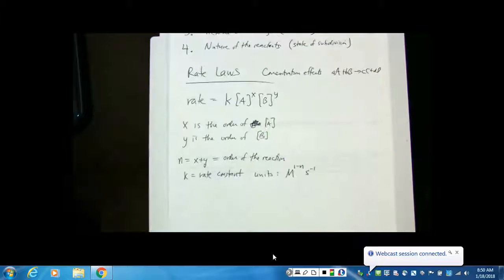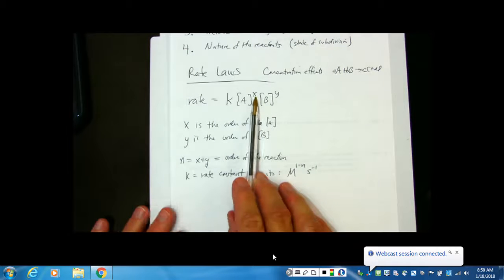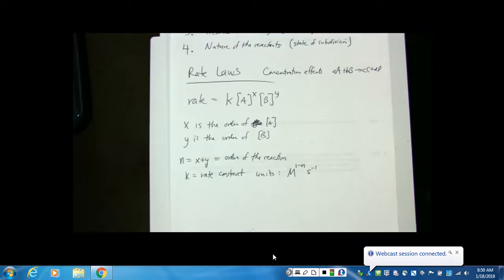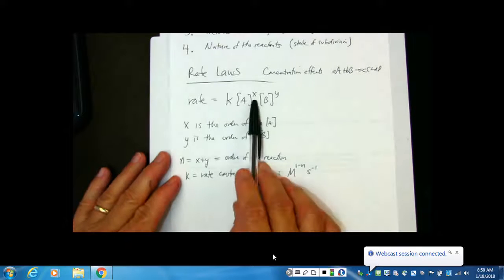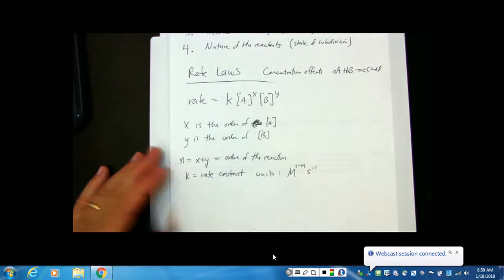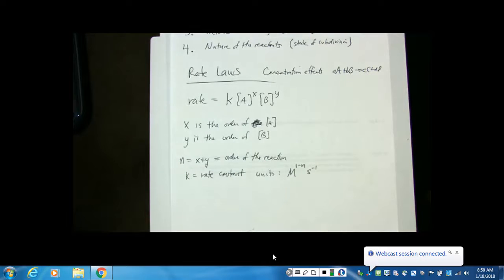All right, the usefulness of a rate law is that if you know what the exponents x and y are, which, a week from next Wednesday, you're going to be doing a kinetics experiment where you'll be determining x and y for the reaction of dye plus hypochlorite.